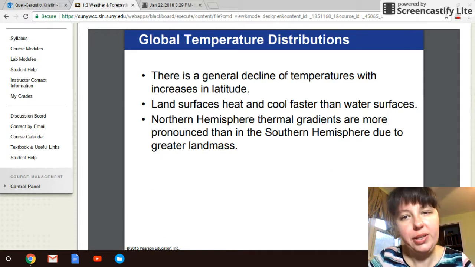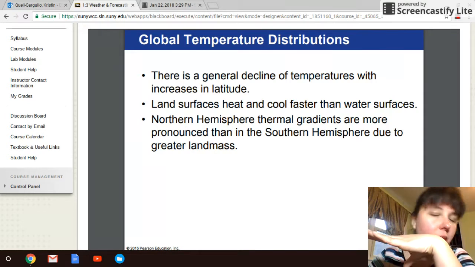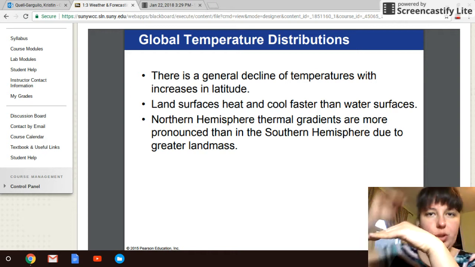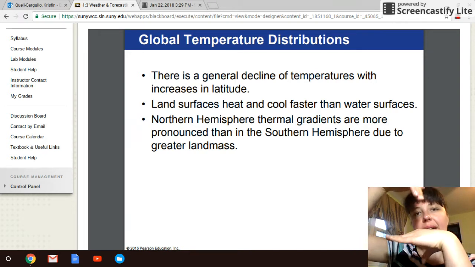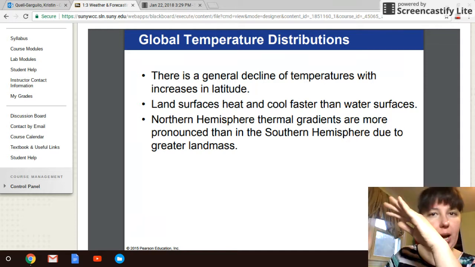This brings us to global temperature distribution. We consider places that are above about 40 degrees north latitude to the North Pole, 90 degrees north latitude, a deficit of energy zone. Same thing on the opposite side.